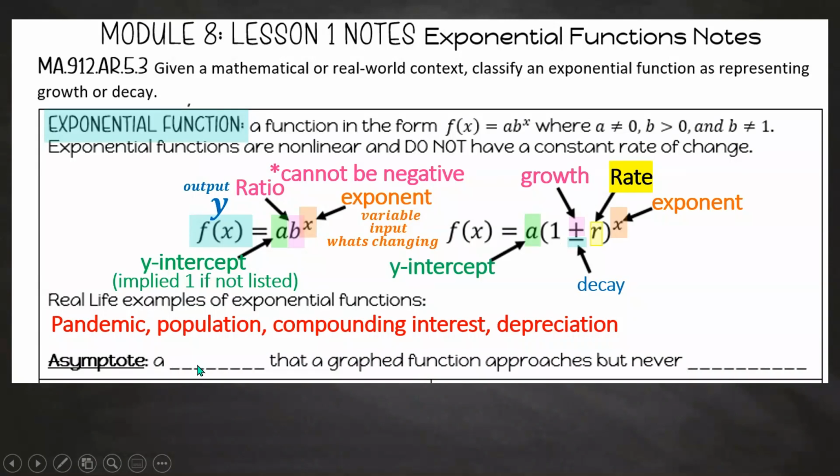With exponential functions, we have this thing called an asymptote. Very funny word, but an asymptote is a line, or an imaginary line. It is not a line that you will see, but a graphed function will approach it and never, ever touch it.